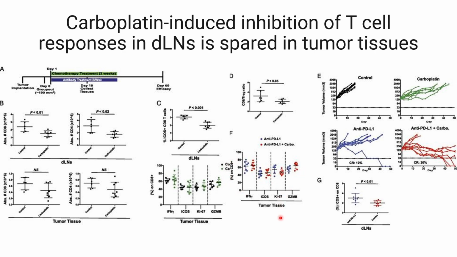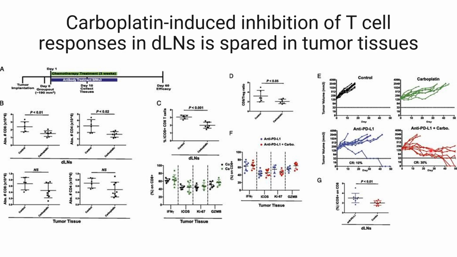So this would indicate that the decrease in CD8 plus cells at the draining lymph node does not have much impact on the overall immune functions in the case of this combined therapy, anti-PD-L1 and carboplatin.